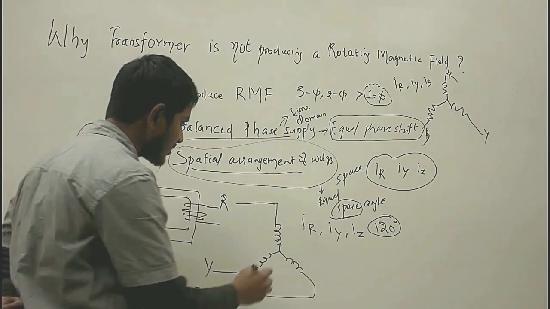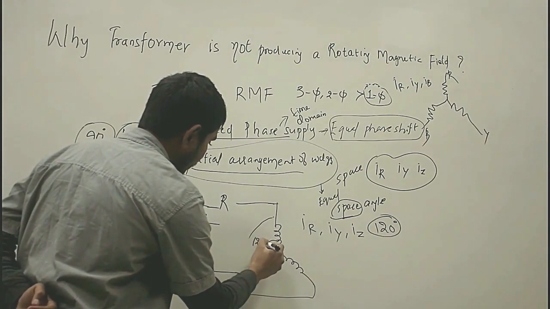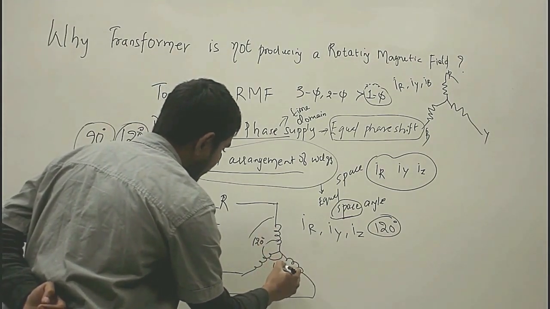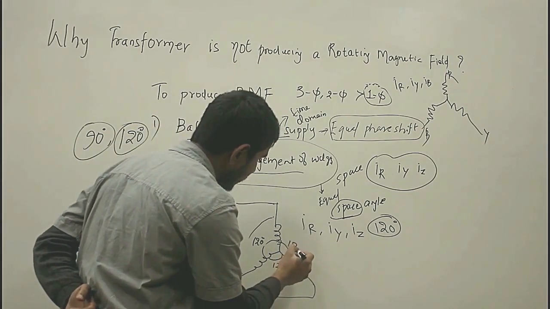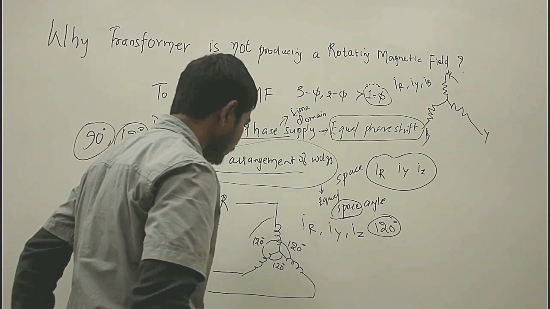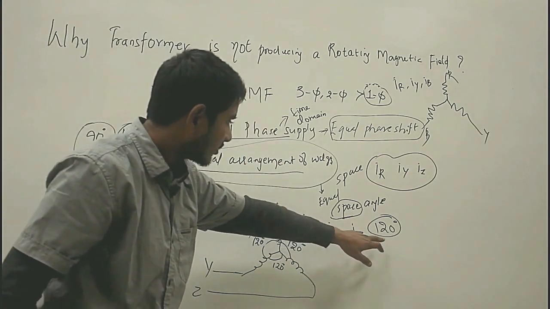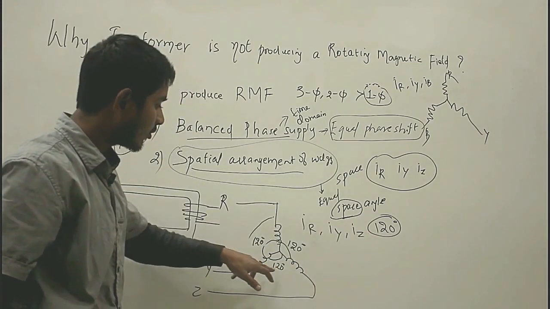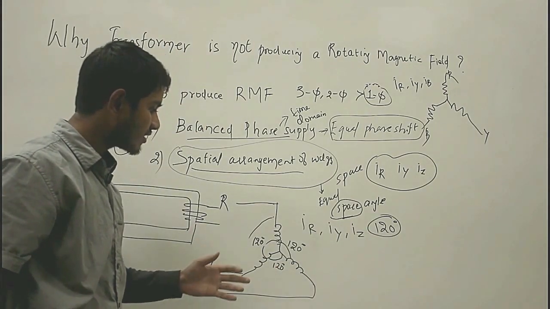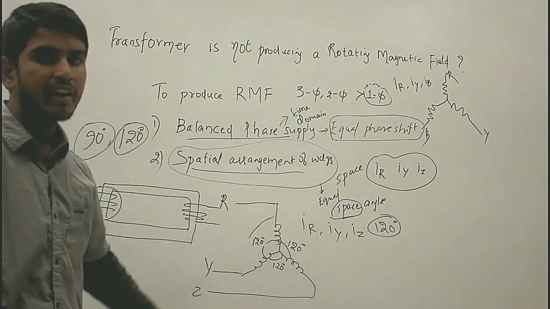Now, similarly, if you see the windings are also displaced from each other by 120 degrees. That is, the space angle between each winding is 120 degrees. Now, we are having equal phase shift among the currents and equal space angle among the windings. Now, as the two conditions are satisfied in our induction motor, we are going to have a rotating magnetic field.